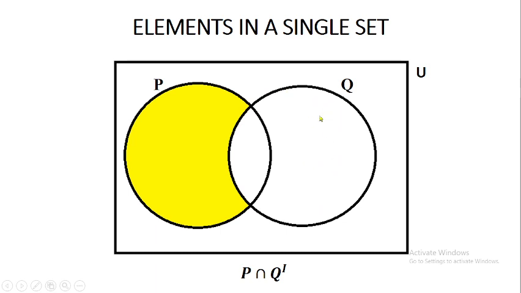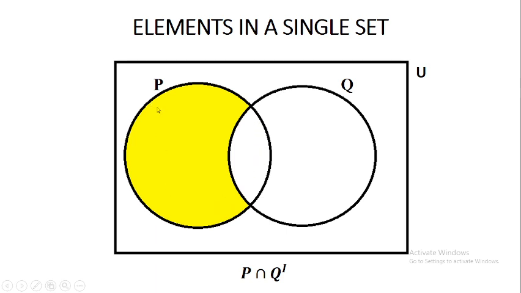It's talking about the elements in Q only, elements in set Q only. Now, how can we understand this? What I'm trying to say now. Don't forget that the whole circle here represents the set P.